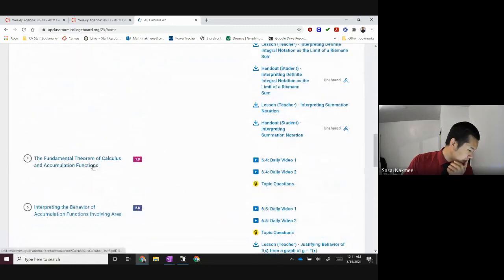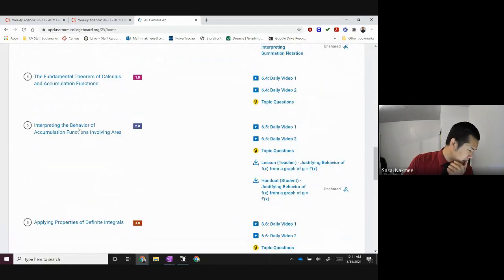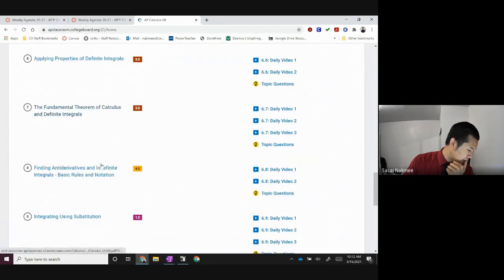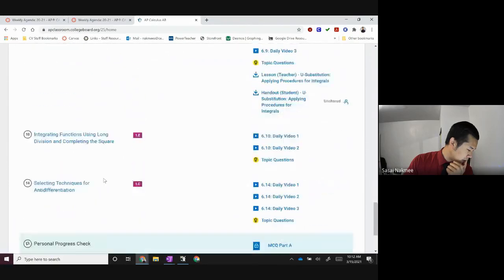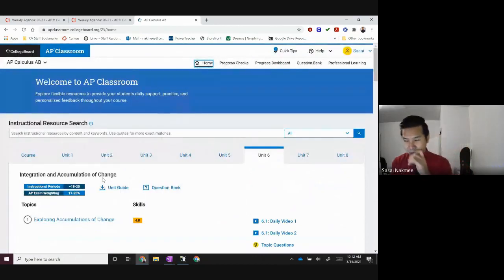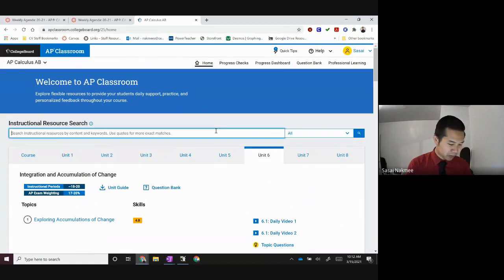I guess they don't have that on here. Interpreting behavior, fundamental theorem of calculus, finding antiderivatives and integrals, using U substitution. Huh. It's not under here. It's probably under another different unit, but we'll leave that for another time. Actually, what if I type in here the mean value.